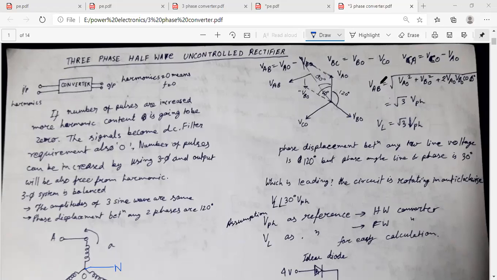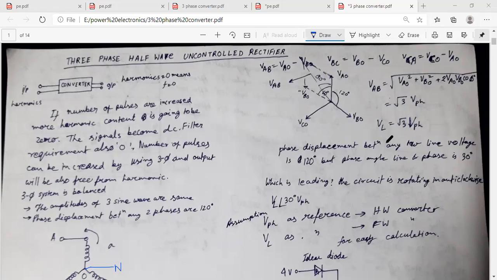And here the value of VAB is the square root of VAO squared plus VBO squared plus 2 VAO VBO cos theta. So that will be root 3 times V phase. So line voltage is equal to root 3 V phase.